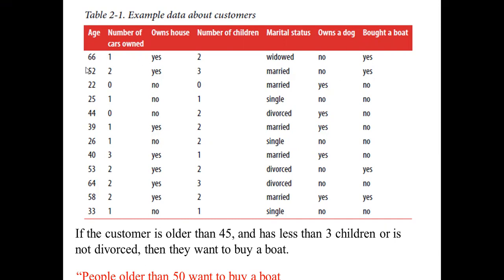Above 50, yes, he has got 52, and this person has also bought the boat. Then 53, 53 has also bought the boat, and 64 had not bought the boat, and 58 has bought the boat. So when it comes to accuracy, out of 5, only one person does not satisfy this rule.